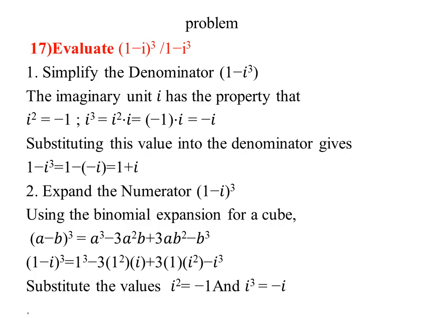In that way, (1 minus i) whole cube is equal to 1 cube minus 3 into 1 square into i plus 3 into 1 into i square minus i cube. After this, we substitute the values: i square is equal to minus 1 and i cube is equal to minus i.